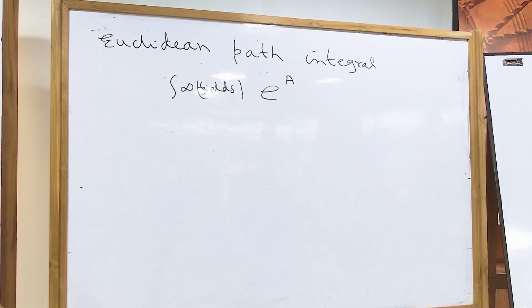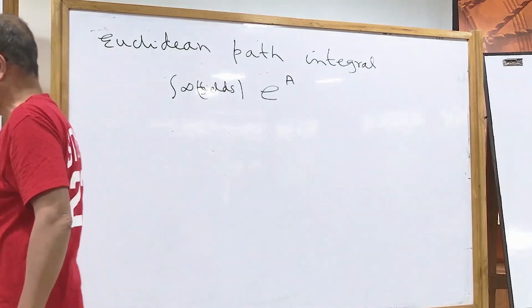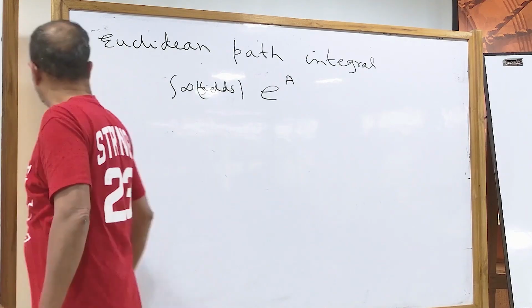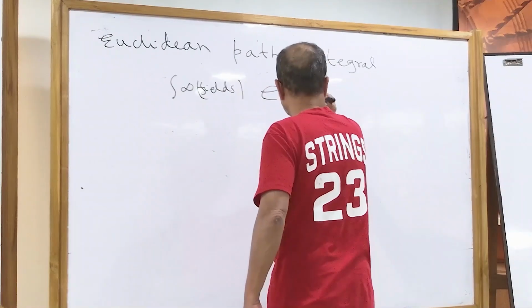And so the path integral will be a function of the charges, because the charges fix the boundary condition. The charges q and p fix the values of all the fields, and hence they fix the boundary condition. So this will be some function of the charges.